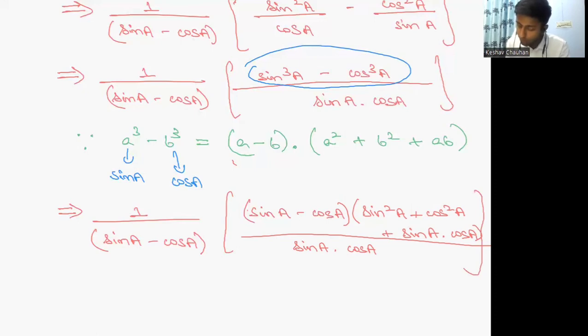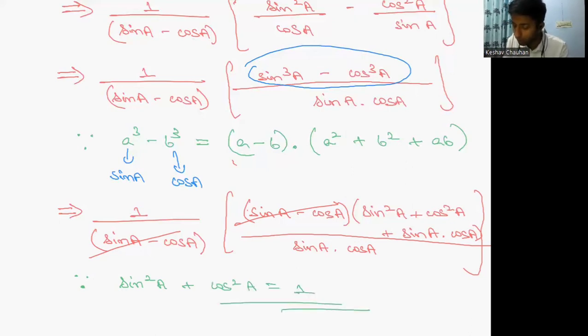Now in this step only, we can simplify it further. We can see sin A minus cos A could be cancelled out, and also we know that the value of sin square A plus cos square A is equal to 1. This is the identity we have done. So we will just put this identity here.